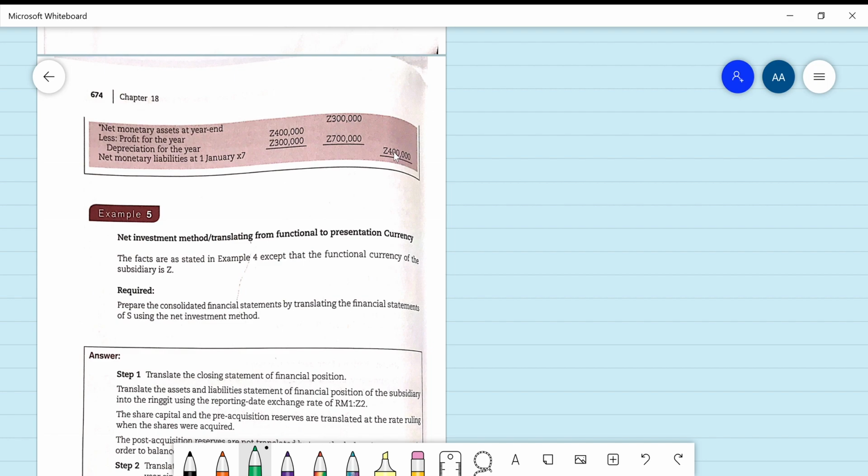The method translating from functional to presentation currency, we call it the net investment method. Normally only the rates used to translate the transactions are different.